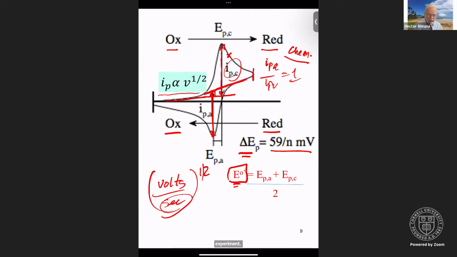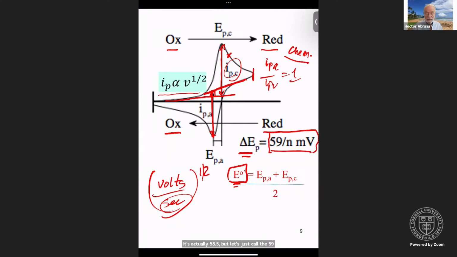Electrochemical reversibility, meaning that the system is always in equilibrium with the applied potential, is a delta E peak of 59 over n millivolts and is not sweep rate dependent. It's actually 58.5, but let's just call it 59.